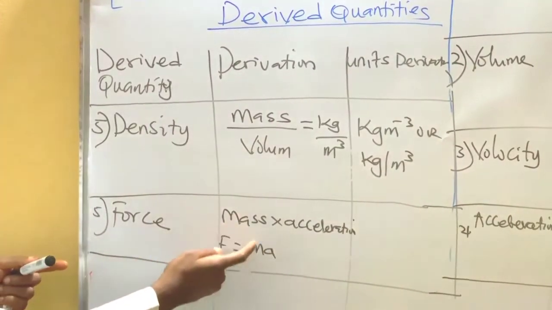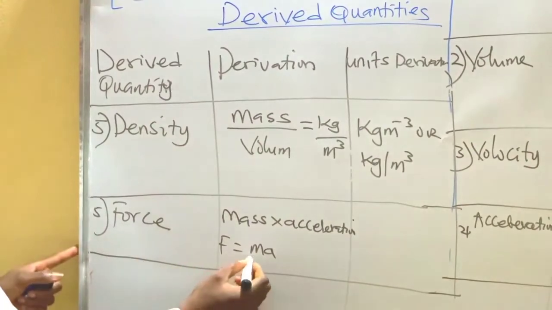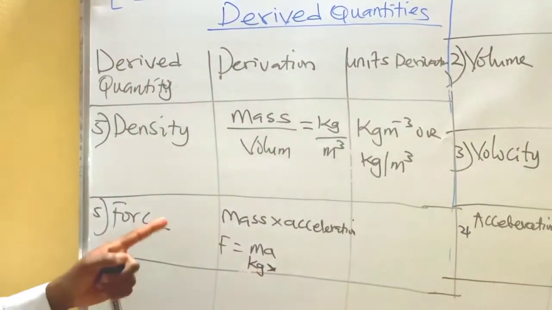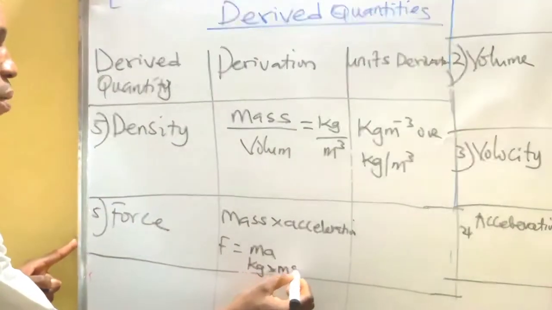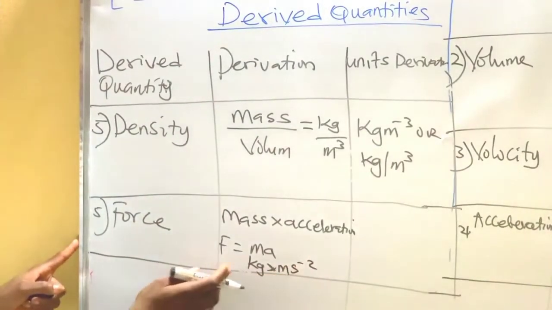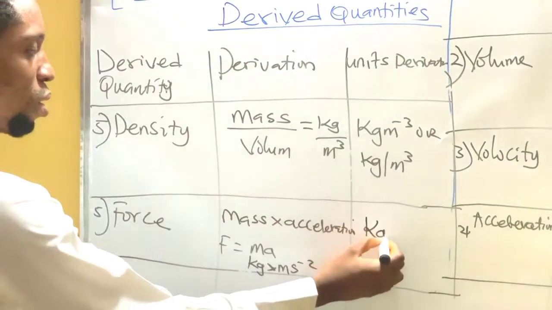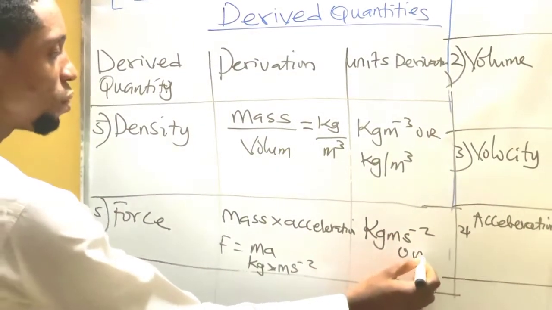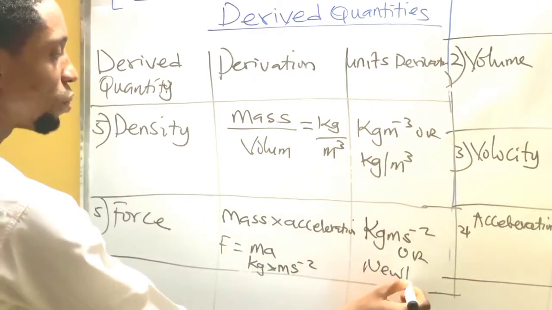So if mass is measured in kg, acceleration is measured in what? Meter per second squared. You have the unit to be what? Kilogram meter per second squared, or Newton.